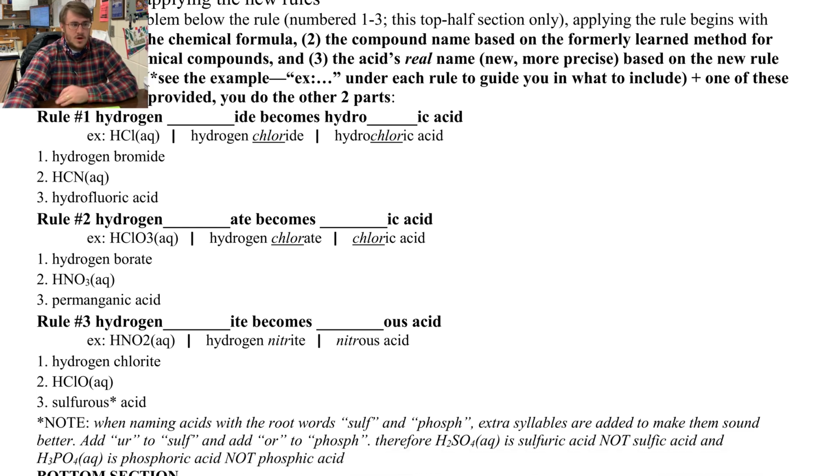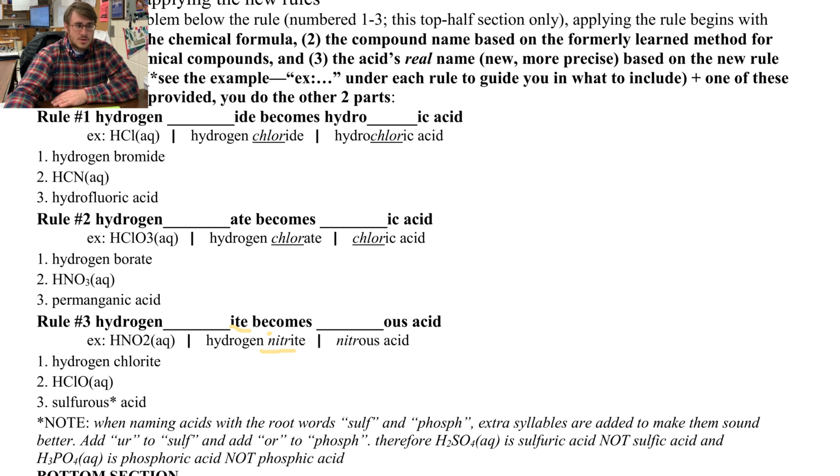Rule 3, also similar, is anything that we would have called hydrogen blankite, so ite ending, becomes blankous acid. So HNO2 would normally be hydrogen nitrite.